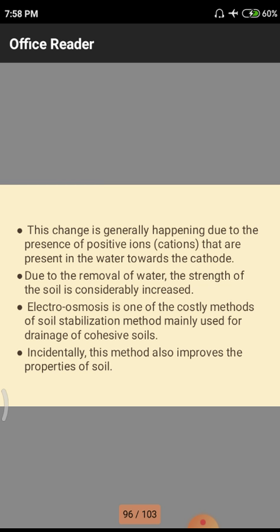Due to those also, incidentally there may be some quantity of change in the structure. Due to the structural change, automatically we are getting strength to the soil. That is the advantage whenever we are using these electroosmosis techniques.